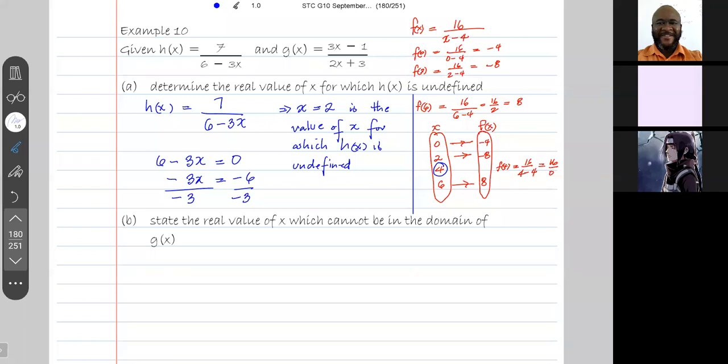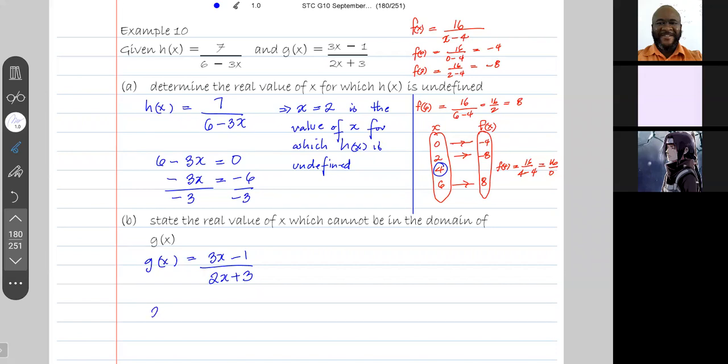So for B, if we're asked to state the real value of x which cannot be in the domain of the function, we have g of x is equal to 3x minus 1 over 2x plus 3. What we need to do is find the value of x which is going to make the denominator equal to 0. Because remember, the denominator of a function must never be equal to 0.